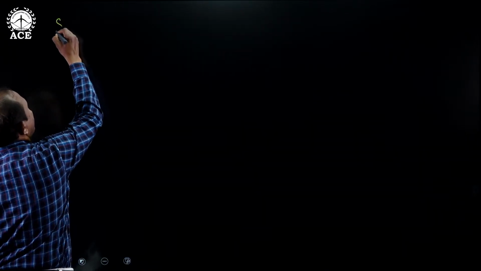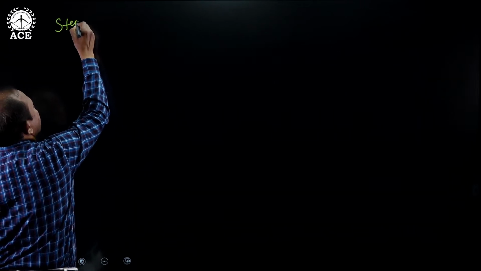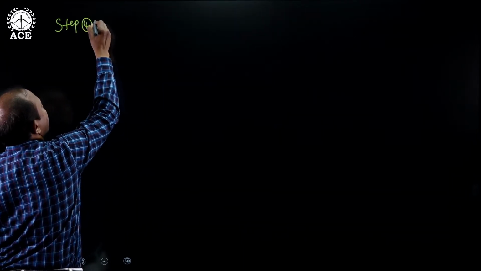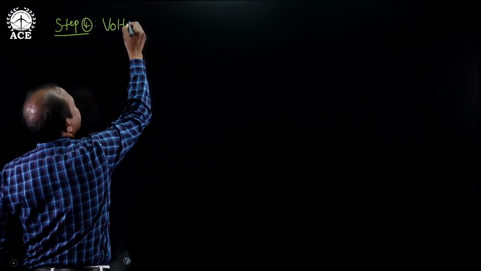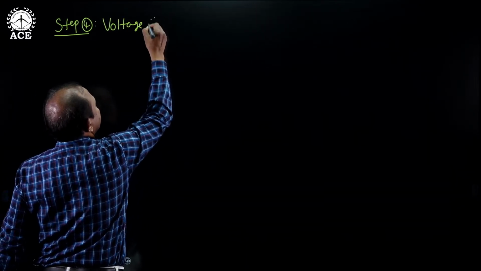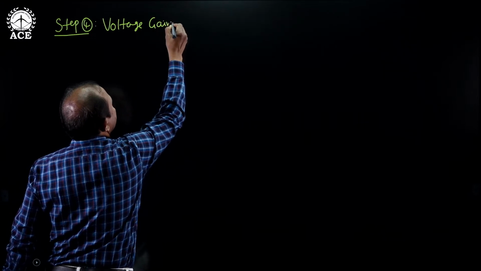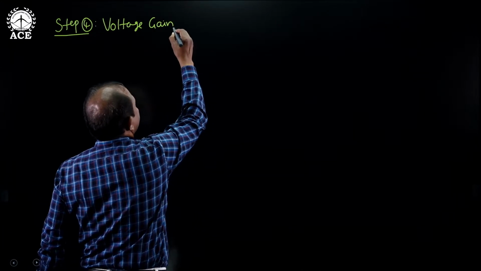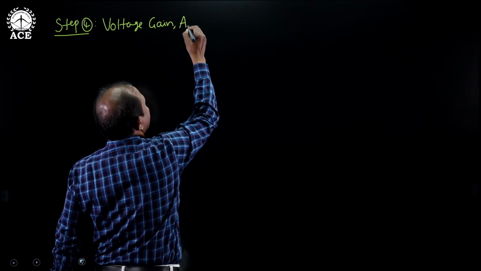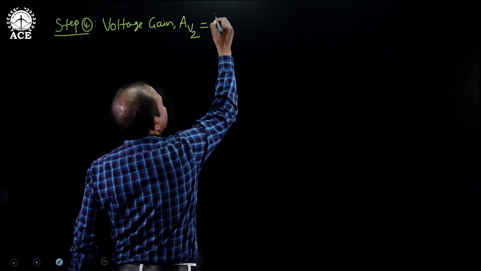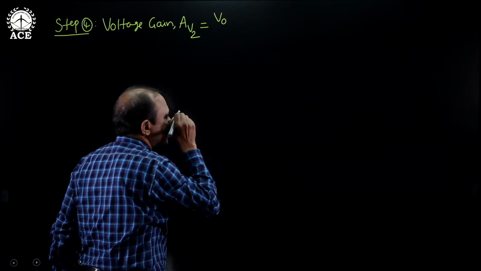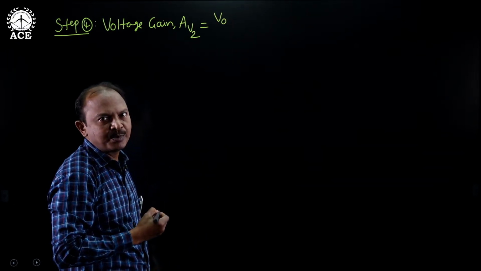Step 4. Voltage gain. AV2 equal to, of course, in any amplifier, voltage gain means output voltage by input voltage.